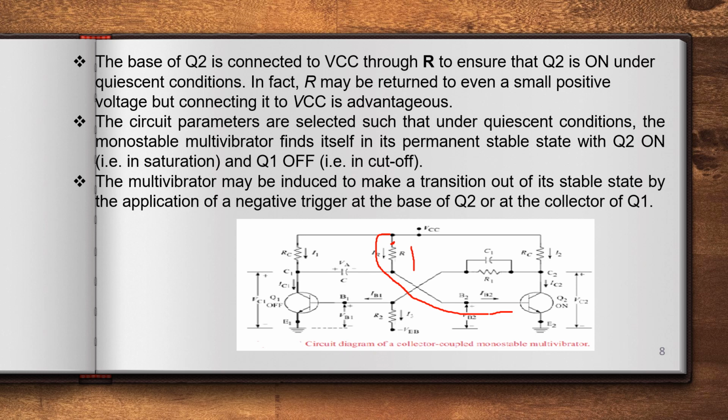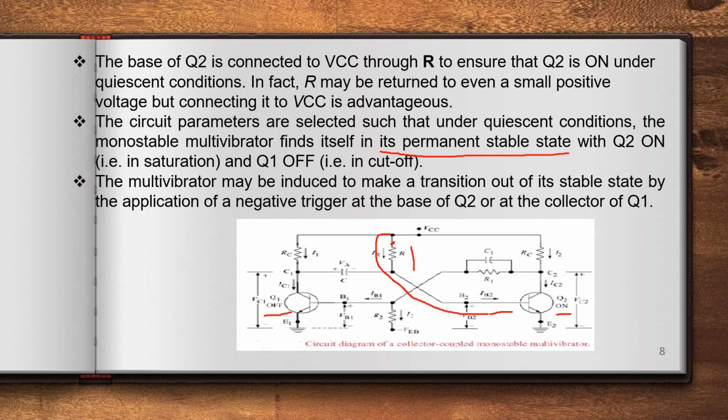The circuit parameters are selected such that under quiescent conditions, the monostable multivibrator finds itself in its permanent stable state. Once the circuit is properly biased, immediately it will be in the permanent stable state with Q2 on and Q1 off. This is the stable state. If you want to induce a transition out of the stable state, it requires external triggering.